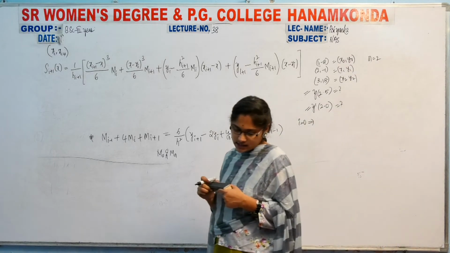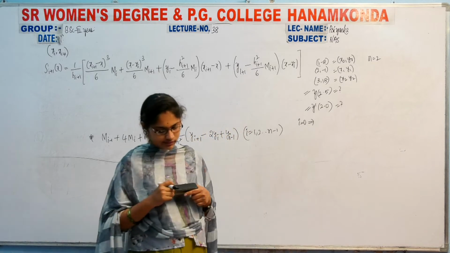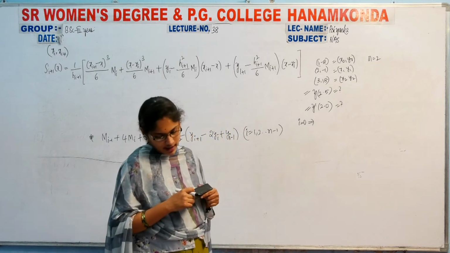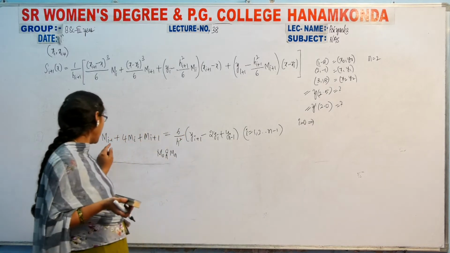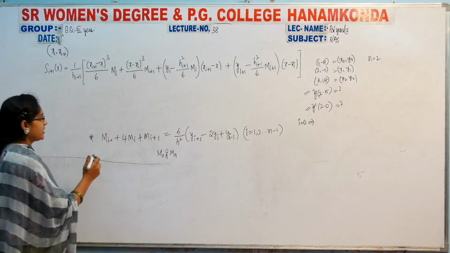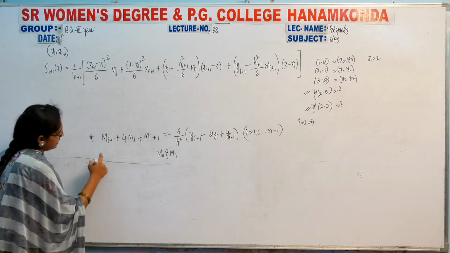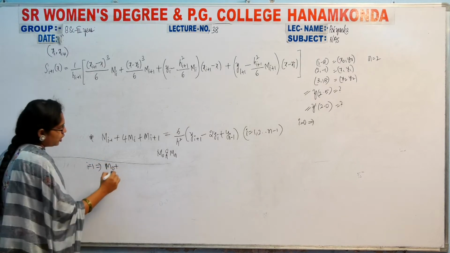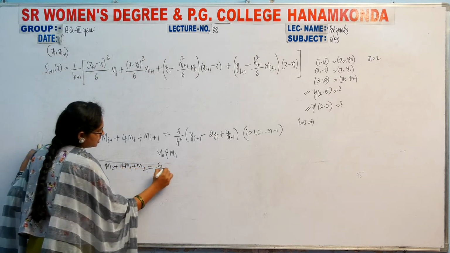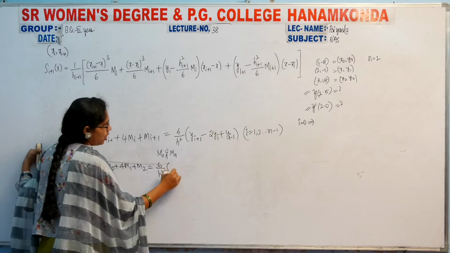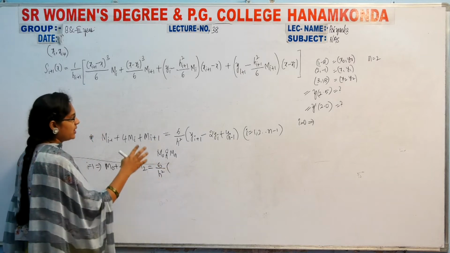Here n is equal to 2 and capital M naught means if we put i equal to 1 here, then what we get? M naught plus 4 M1 plus M2 is equal to 6 by h square of y.